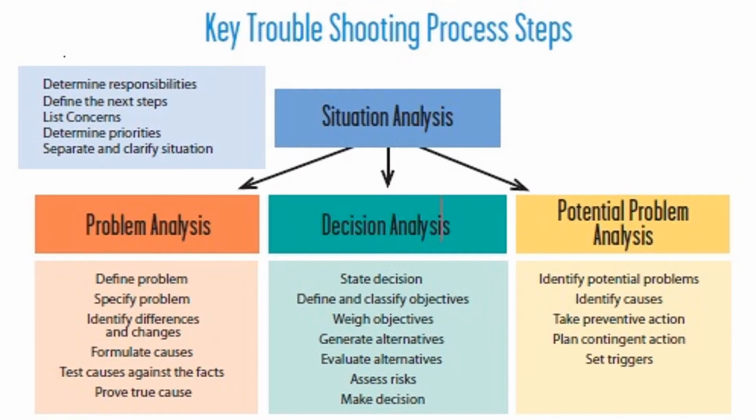There's a little bit more detail on those, so you can have a look. In your situational analysis would be a checklist of the steps that you can follow to do the total situation analysis. On the problem analysis, the same. It's very important to define the problem, to be very specific in terms of what the issues are, formulate the causes, etc. So these are the steps that you can follow.